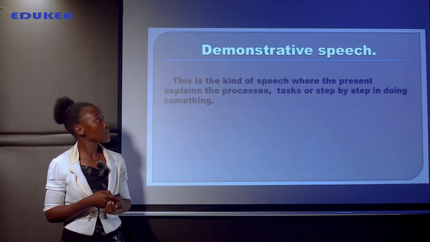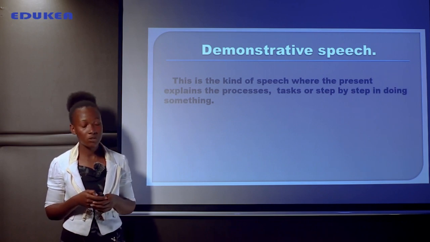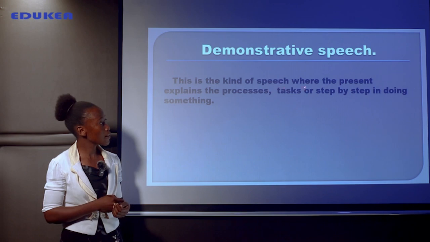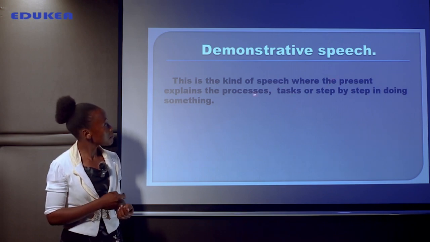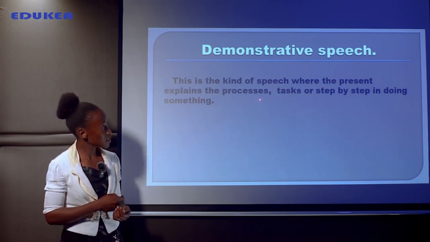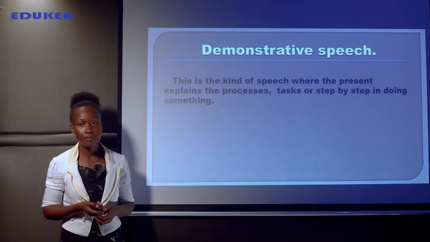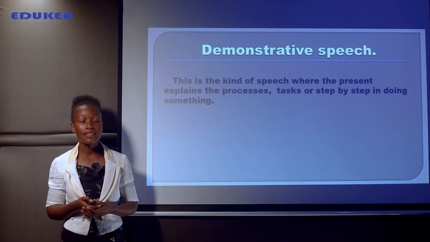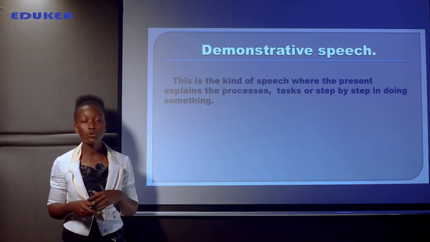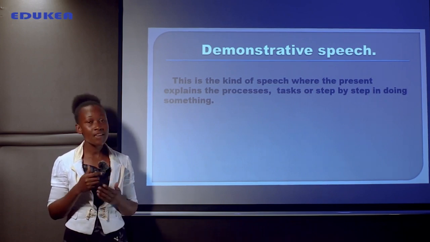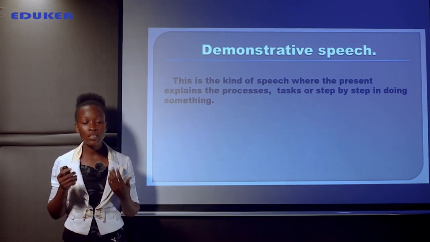Another type is demonstrative speech. We say that this is the kind of speech where the presenter explains the process, task, or step by step procedure in doing something. Here, the presenter tries to give the steps or the procedures for doing something.